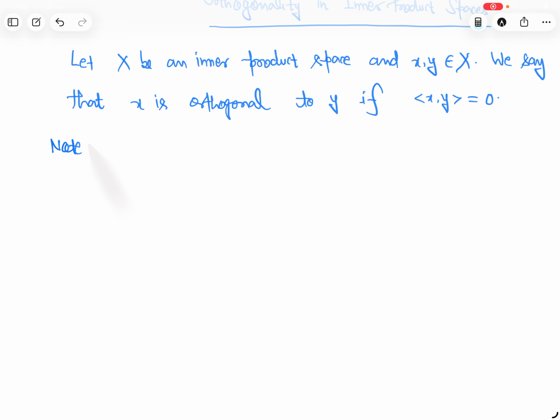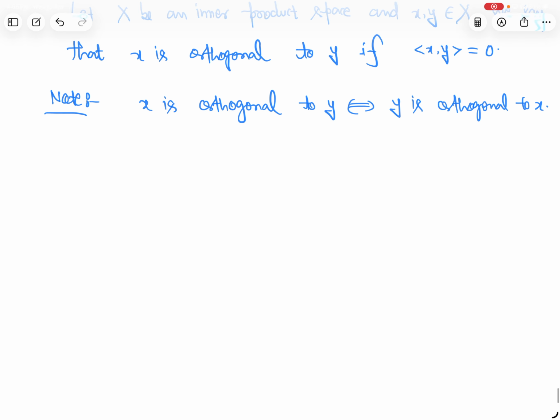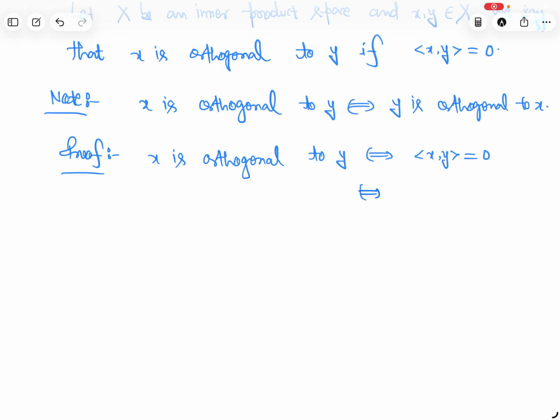Note: x is orthogonal to y if and only if y is orthogonal to x. x is orthogonal to y if and only if x inner product y is 0, and this will happen if I take the bar on both sides, which is equal to 0.